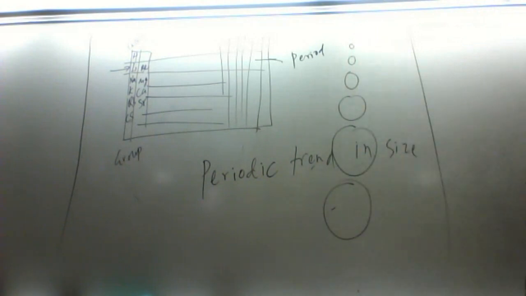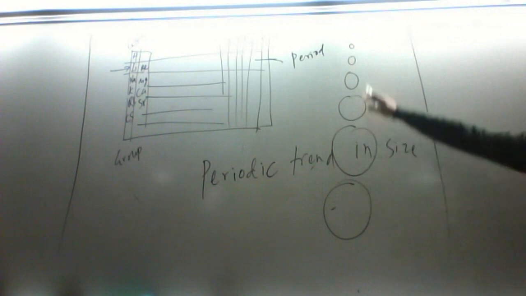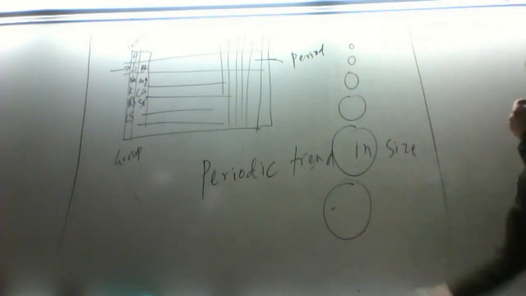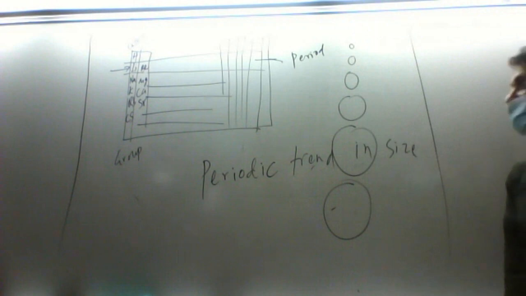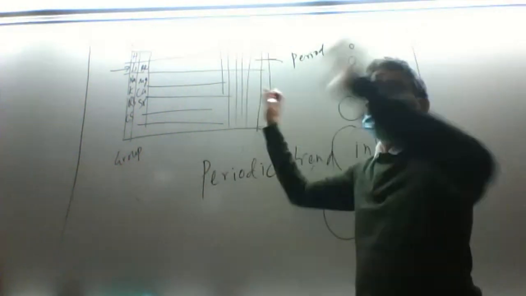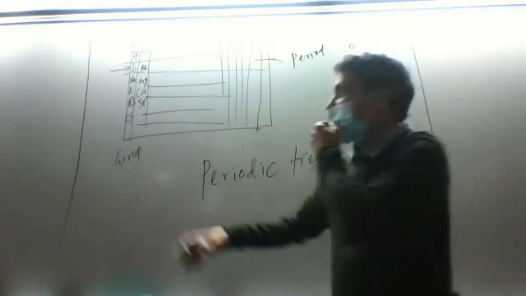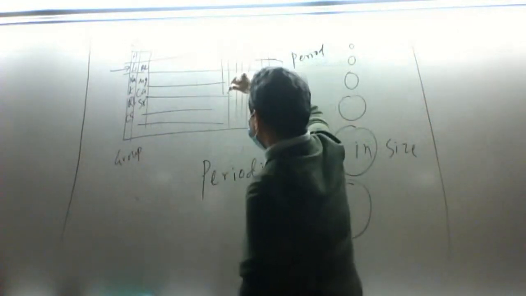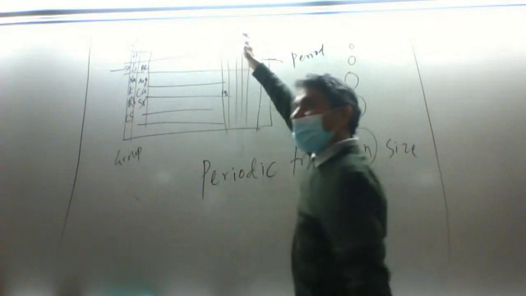Make sense? Toward the top, the atoms are very small. As we go down, the atoms become big. The size increases as we go down the group, no matter which group, everywhere. Just look at the periodic table: the size of the atom somewhere here is bigger than there.